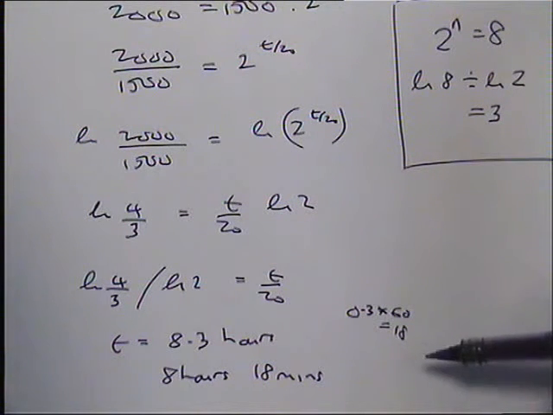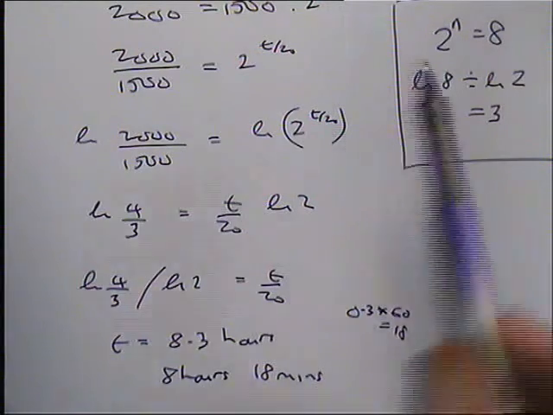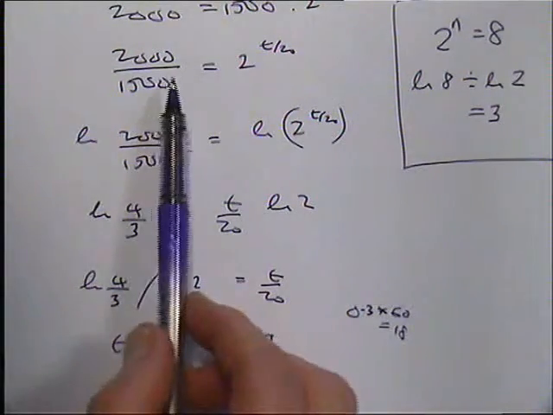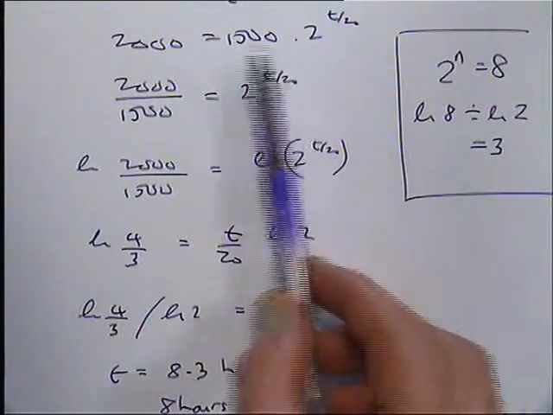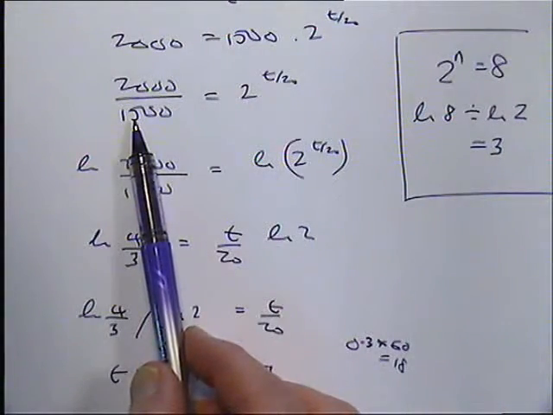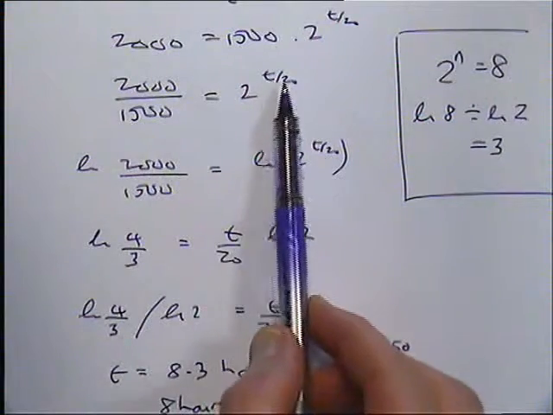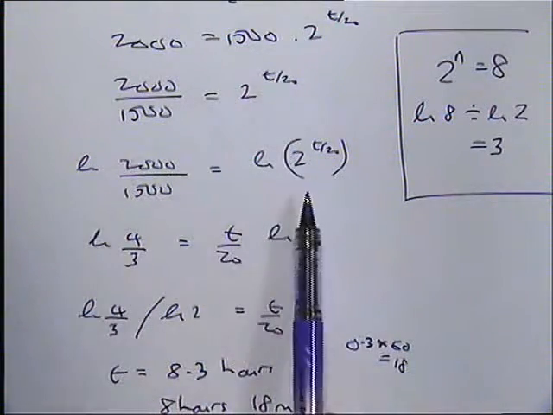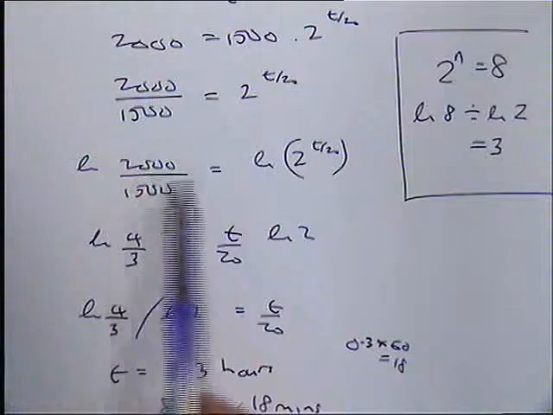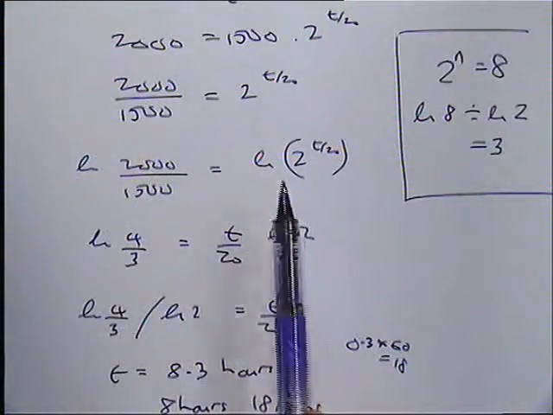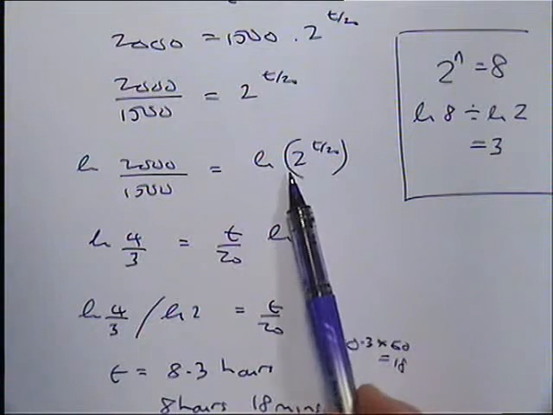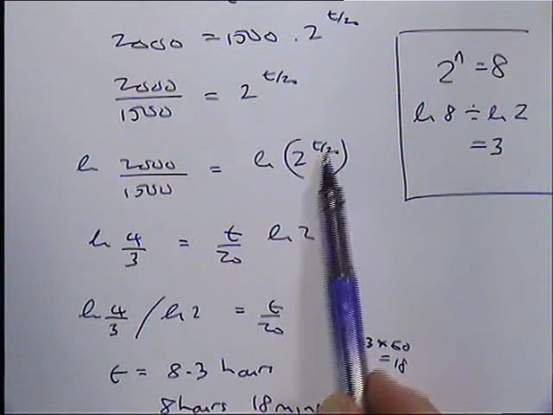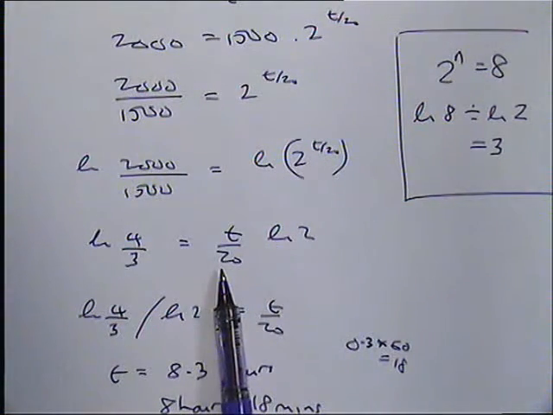Everybody happy with what's gone on here? Sam? No. Okay. So if we go back up here, that was our original equation. Move the 1500. When you've got a power you're trying to find out, take logs of both sides. So I've just written log of that side and log of that side. Here, use the laws of logs. If you've got a power inside your log, you can bring that power out to the front.